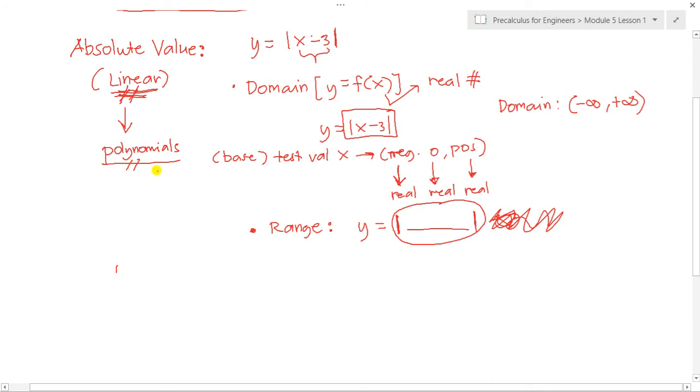So, unsa man class? Again, unsay akong giingon ninyo from module 1? Unsa gali ang absolute value of a number or any expression inside this absolute bar? What is the answer? Positive. Always positive. Can we have a value of 0? Yes. Okay, pwede.